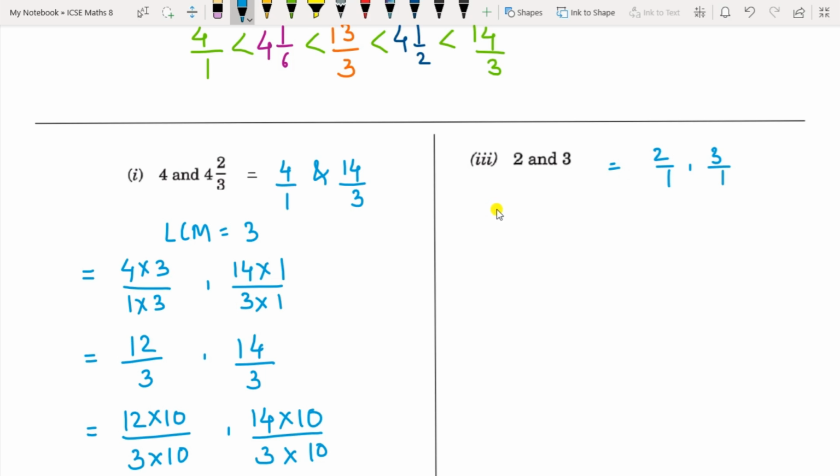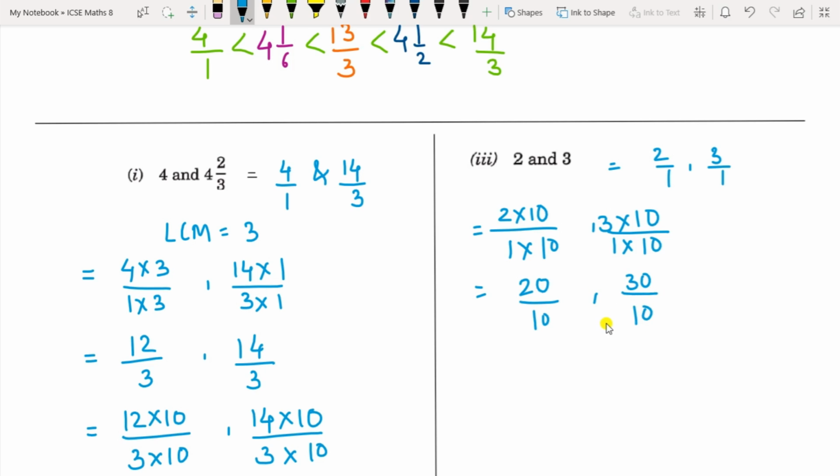So LCM is 1 here, and between 2 and 3 there is no difference, so multiply by 10: 2 into 10 and 3 into 10 upon 1 into 10. So that gives 20 by 10 and 30 by 10. Okay, now see, you can find the difference. There is a difference of 10 numbers between 20 and 30. So you can easily write 3 between that.